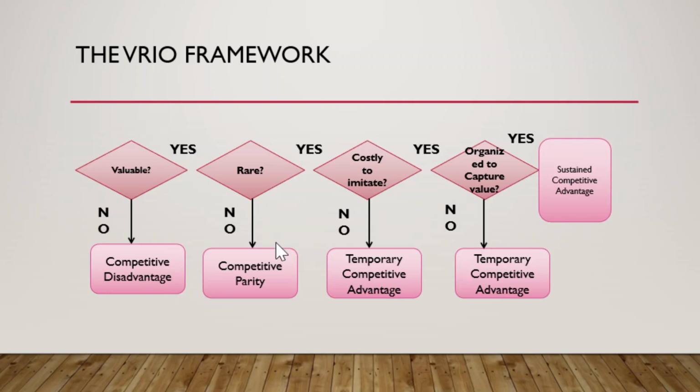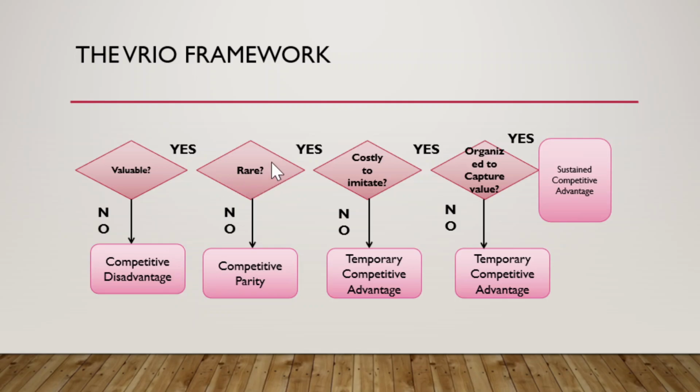Kaya nga kapag hindi siya rare, nagkakaroon ng competitive parity. So we are just performing it at the same level. Wala nang differentiation na nangyayari dun sa product na na-produce natin because we are using the same resources. Okay? So, what we want is to have a rare resource.